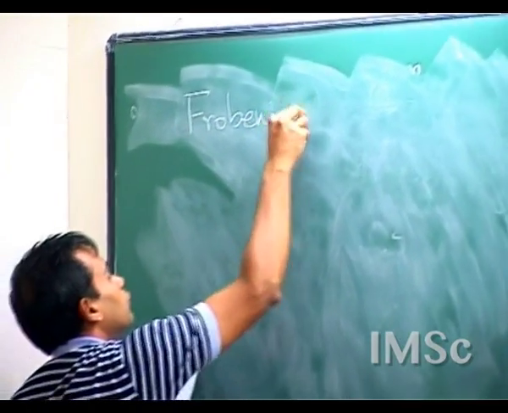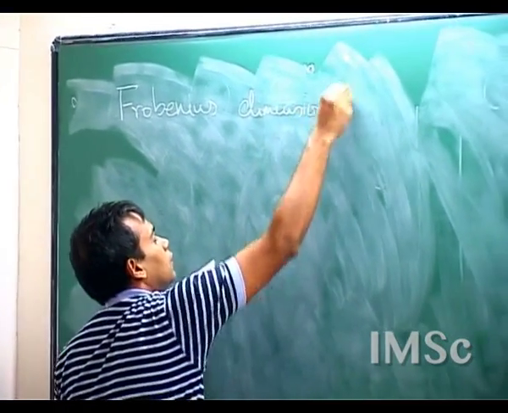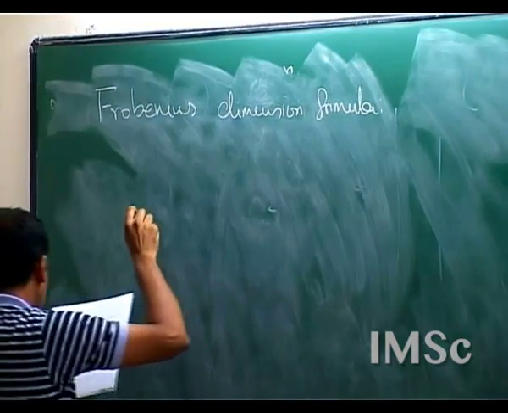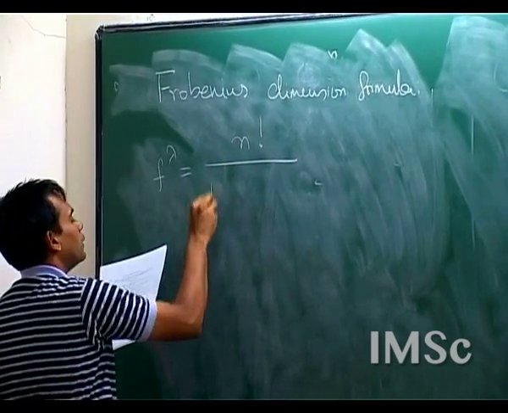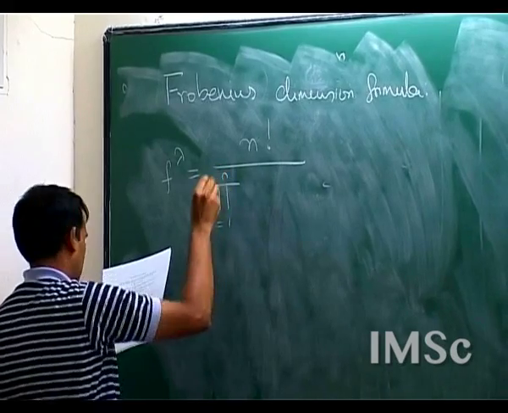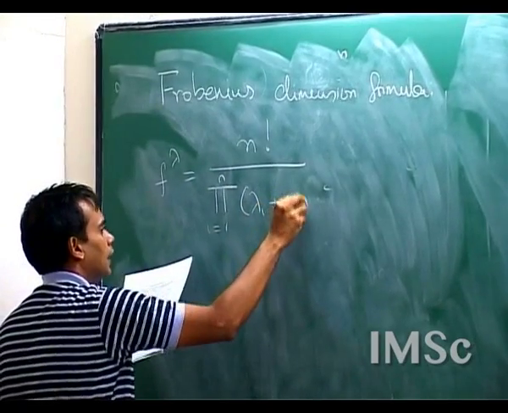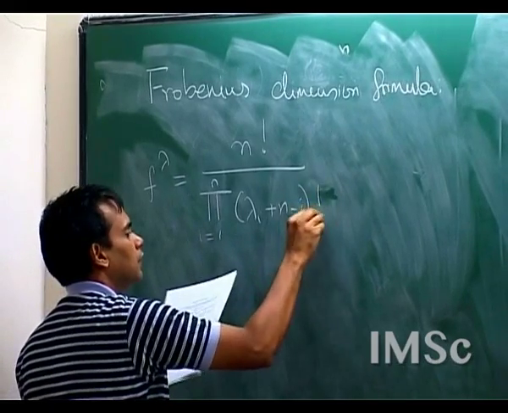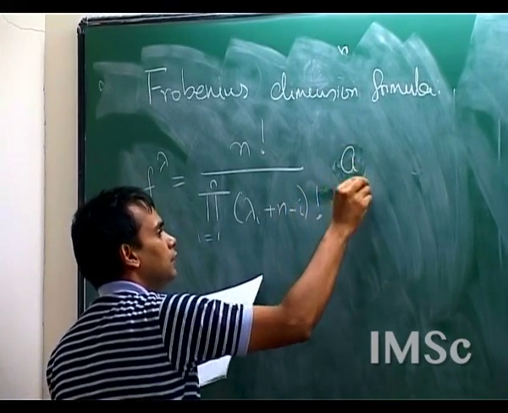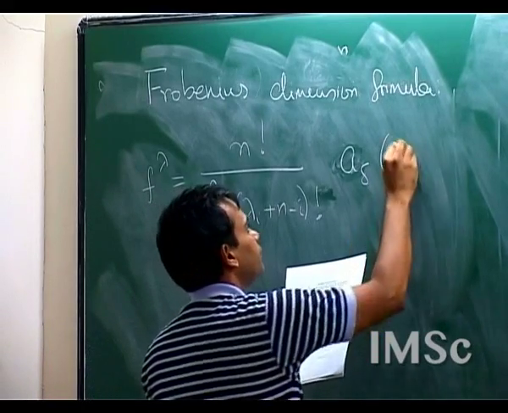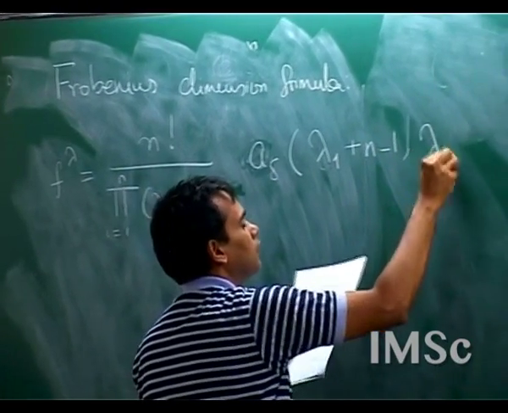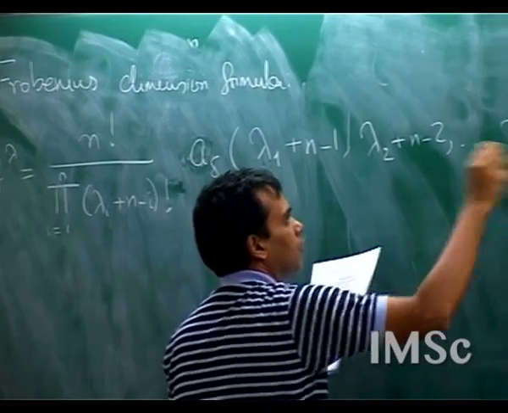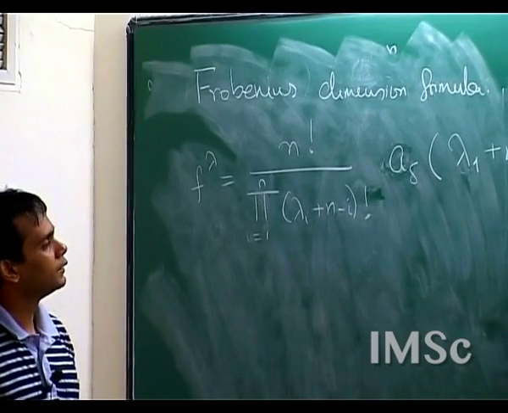This says that f lambda is equal to n factorial over the product, i goes from 1 to n, of (lambda i plus n minus i) factorial, times the Vandermonde determinant A delta evaluated at certain integers, basically lambda plus delta. That's the Frobenius dimension formula.